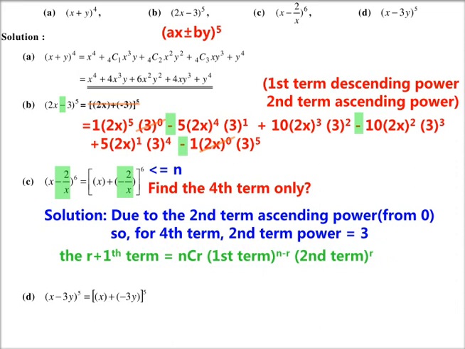Okay, think about this. Because the fourth term, okay, so fourth equals 3 plus 1. So for the fourth term, we know that R equals 3.